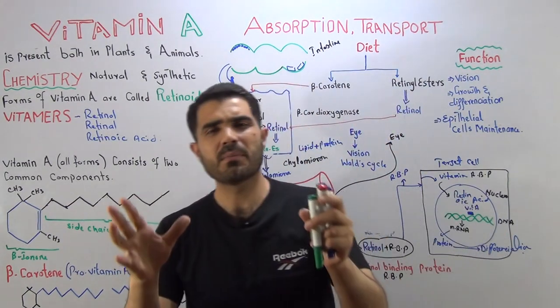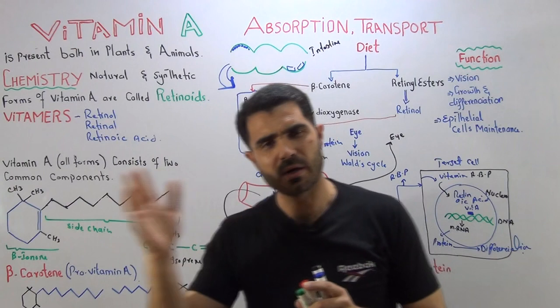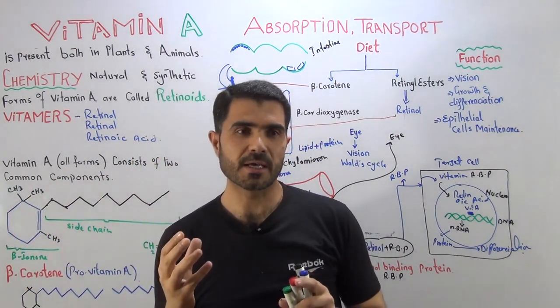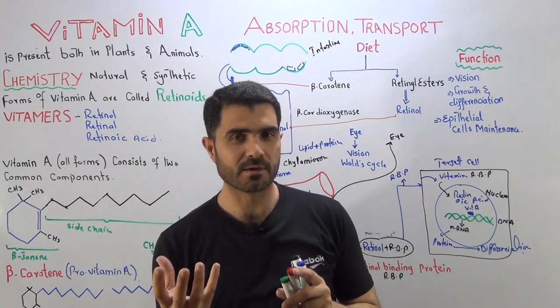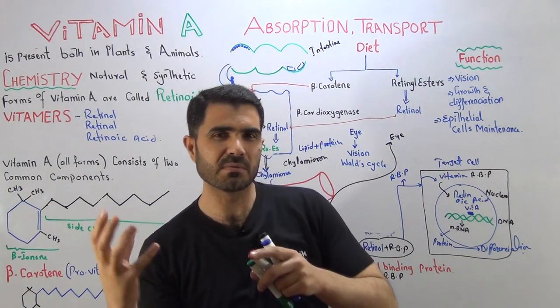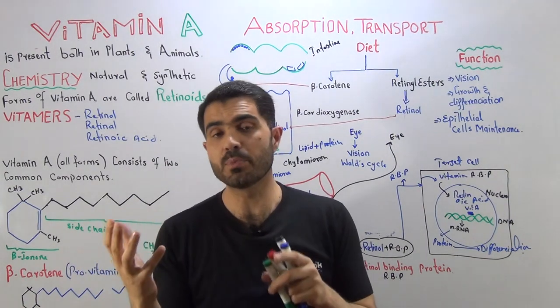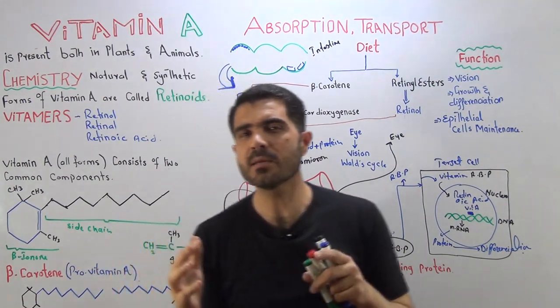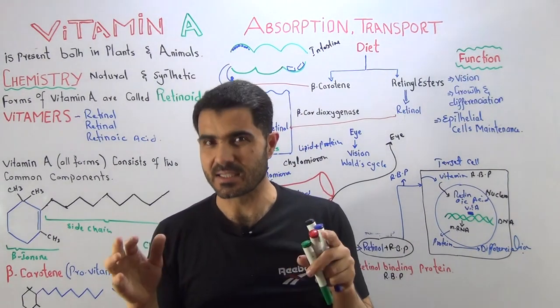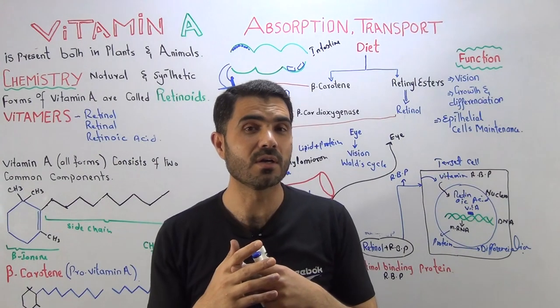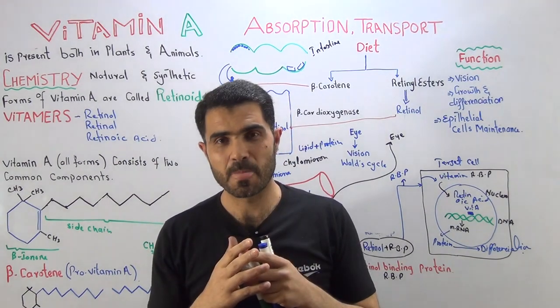Let me tell you something about the history of vitamin A. In the past, Hippocrates used to give ox liver, mixed with sweet honey, to those patients who were unable to see at night time, suffering from the disease called night blindness.